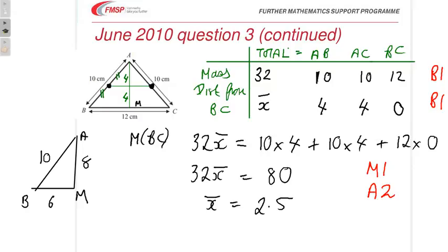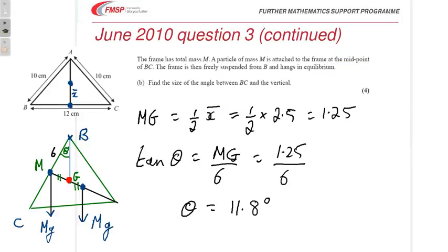The 4 marks for the second part: there was a mark for finding the distance MG, either by taking moments about the vertical through B, or by just looking at it and figuring out that it was half x bar. So there was a B1 for that.